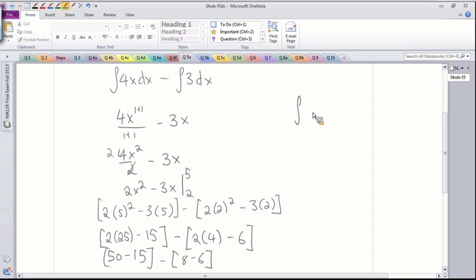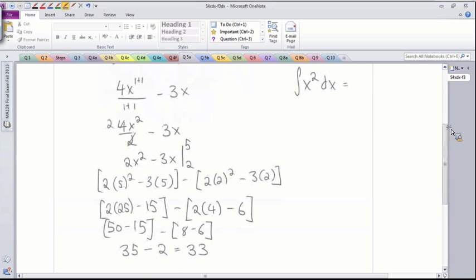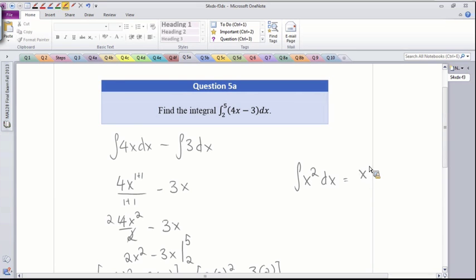For example, if we're trying to integrate x squared dx, the power rule states that we add 1 to the exponent and divide by that number, which gives us x to the third over 3 plus C. Now, if you find the derivative of x to the third over 3, we would get back to x squared.